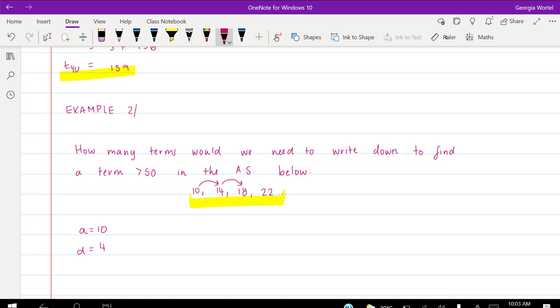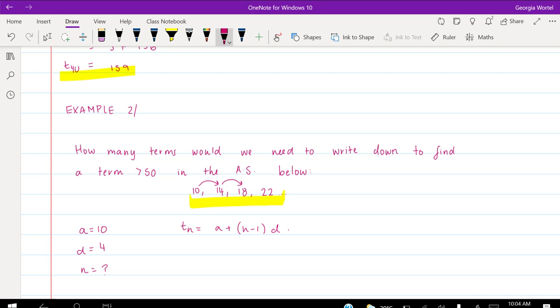Good. And this N, well, we don't know it. We want to work out what the N value is. And we have this rule. T of N is equal to A plus N minus 1 times my common difference.